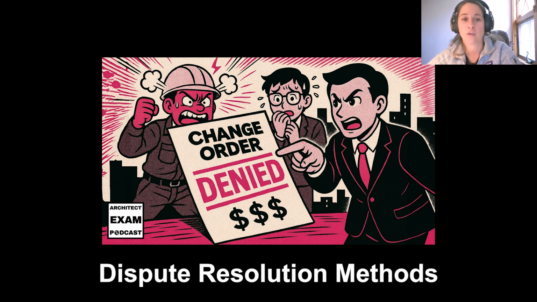First, you're going to start with the easiest, the method of least animosity, which is good faith negotiation. This is a direct party-to-party resolution without third parties yet. Right? This is just everyone talking to everyone involved in the project, the owner, the architect, the contractor. This is often required by contract before escalation and has the benefit of preserving everyone's working relationship with each other.